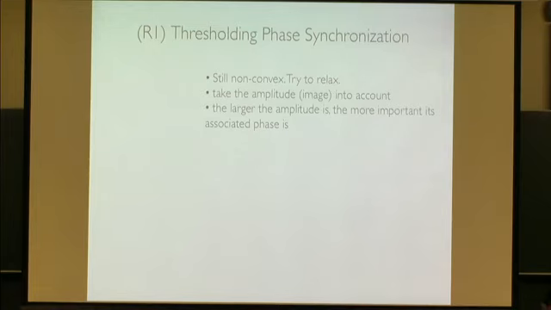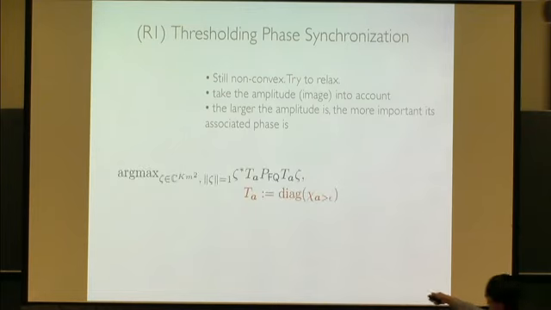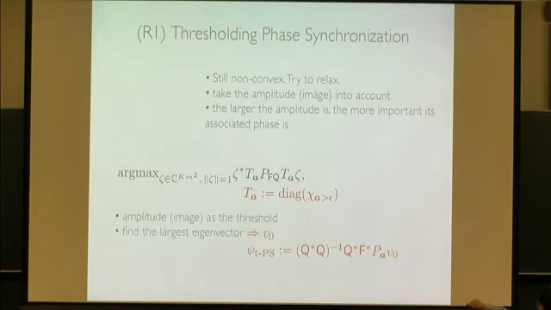And if the amplitude is small, we can just ignore it. So what do we do? We just define a threshold matrix, which is a diagonal matrix. We say if amplitude is greater than epsilon for some value epsilon, then we preserve it. We put 1. If amplitude is less than epsilon, we just set it to 0. We ignore it. And we consider its TA, PF, QTA operator. Then we evaluate its largest eigenvector. What does it mean? You will see later.